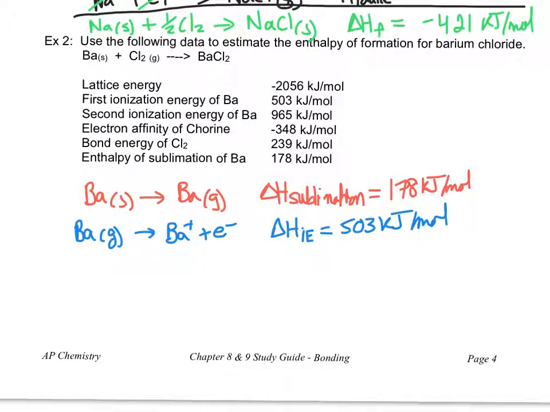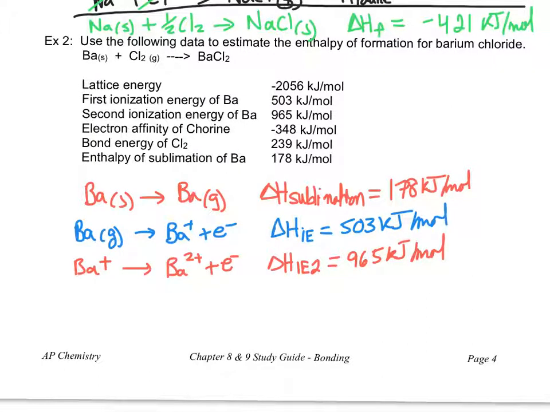Then we can take our Ba plus and add some more energy to remove a second electron because we want the barium to be Ba2 plus, removing another electron. This is also ionization energy, but this is the second ionization energy. And that is also going to be endothermic, and it's going to be a higher number. Remember, it takes more energy to remove the second electron. It is 965 kilojoules per mole.